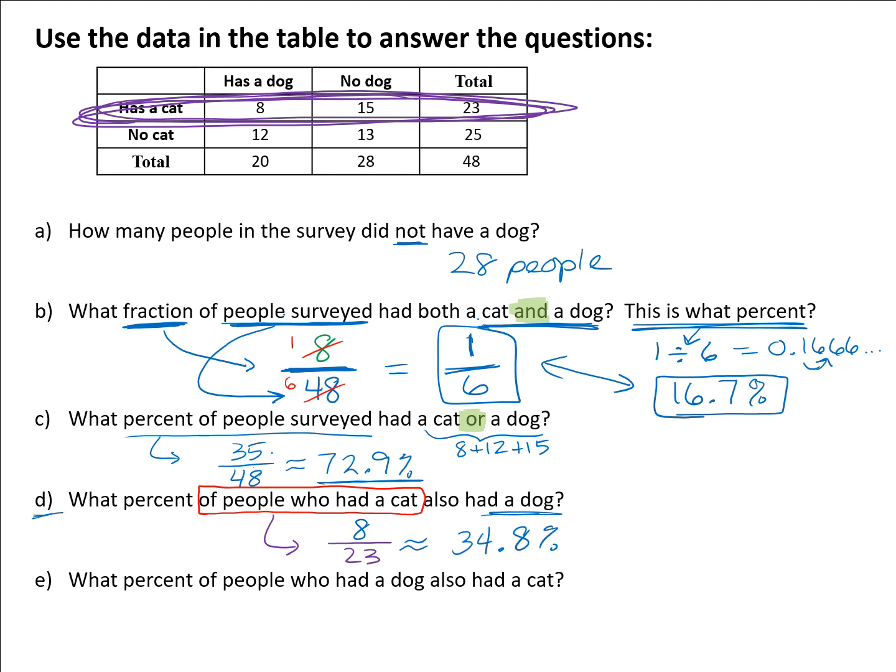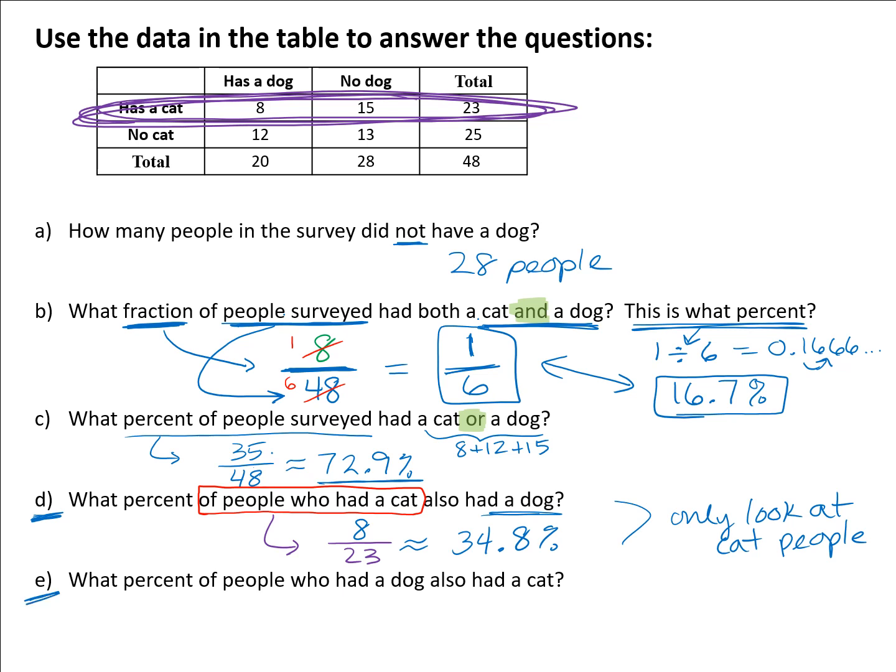So Part D is about people who have both a cat and a dog, but it's based on the perspective of studying just the people who have a cat. You're only looking at the cat people, and the wording is telling you that. So you have to look closely at the wording.